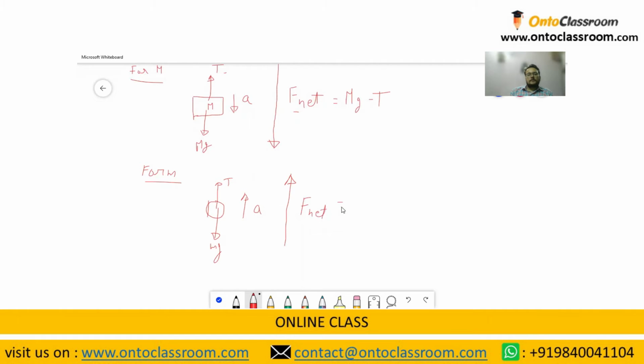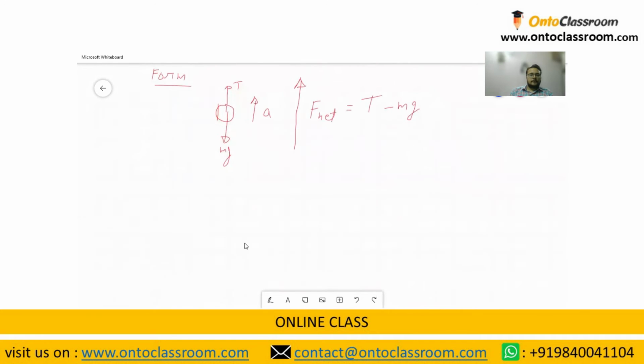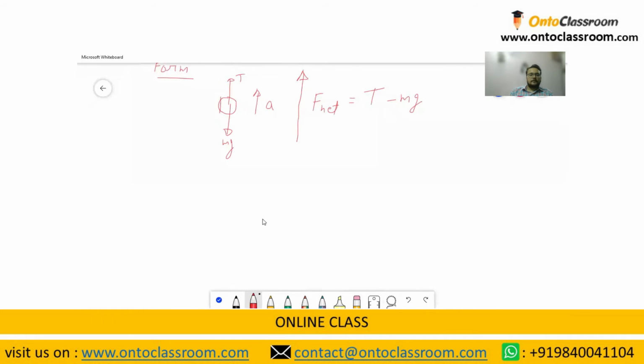The value of this net force we can see from here: T must be greater than small mg, and net force will be T minus mg. After drawing these free body diagrams and calculating the value of F net in each case, we'll move to step 2.